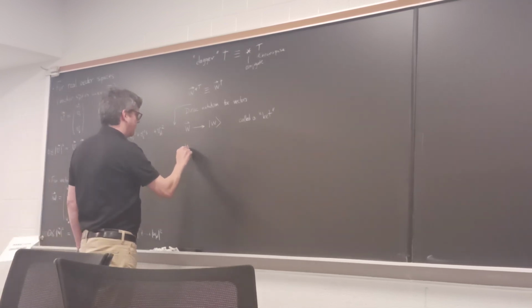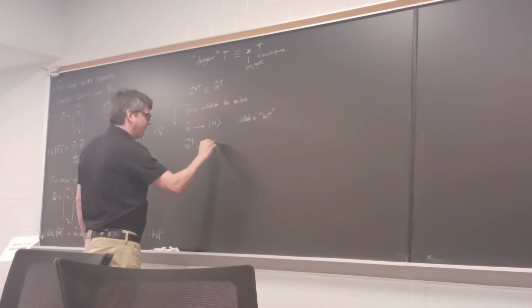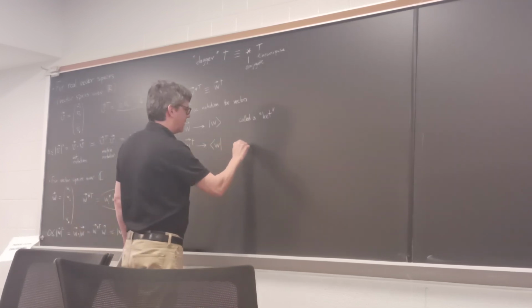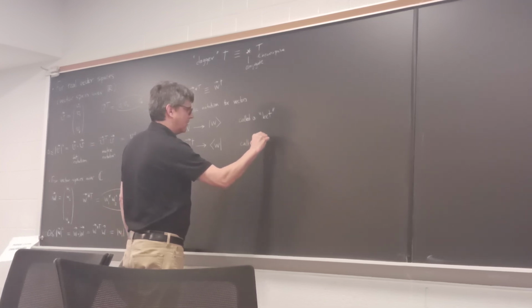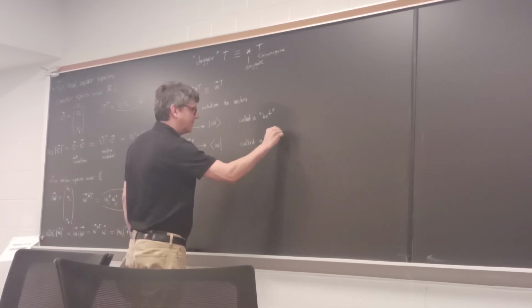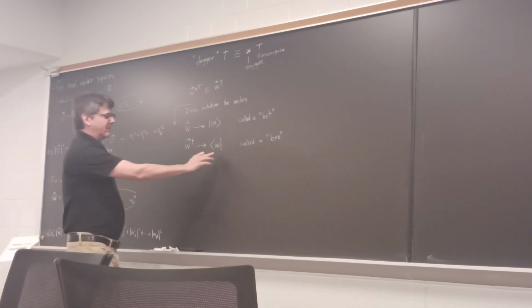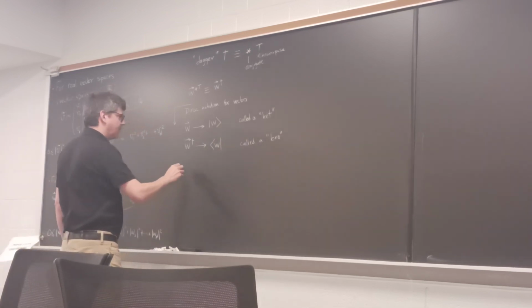And then this W dagger is written the other way. This is called a bra. These two things make what's called a bracket when you put them together.